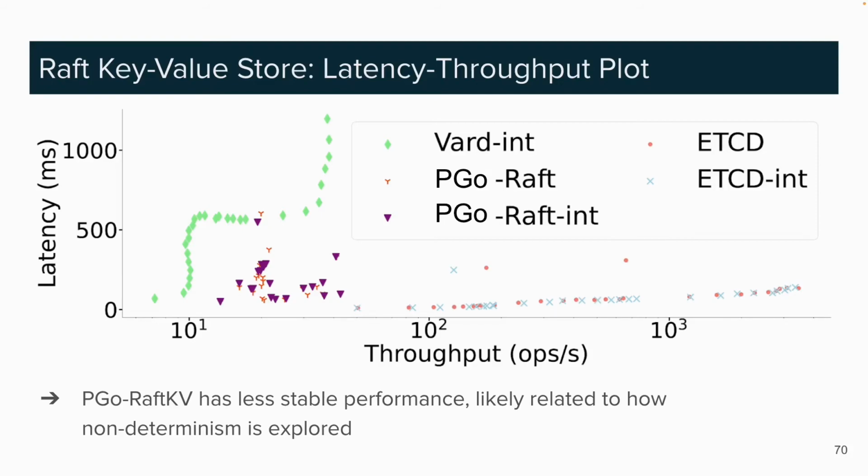Also, here's where something gets a little interesting. We also plotted latency against throughput for varying load factors, and this shows us something interesting. Of course, etcd does really well, and Pico and Vardi do comparably, but what's interesting is that while Pico seems to have better latency, so lower latency, across its throughput range, it seems to have quite unstable performance.